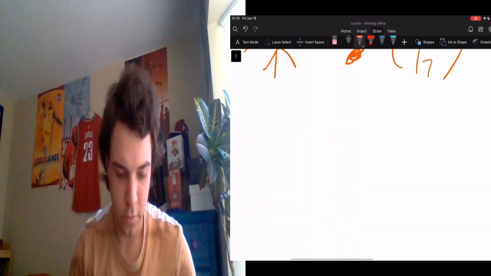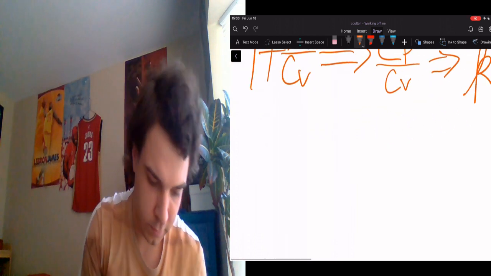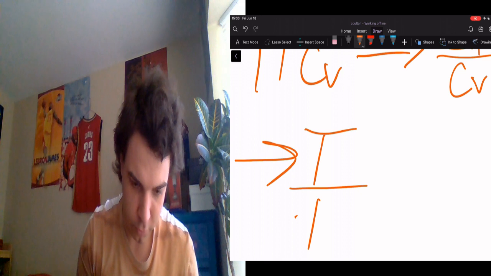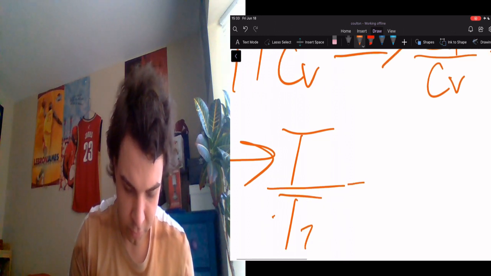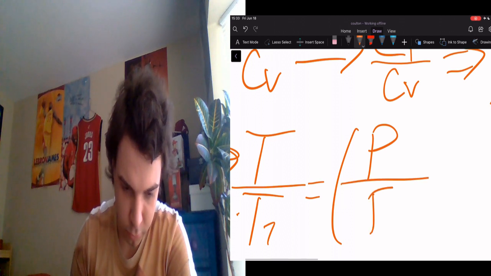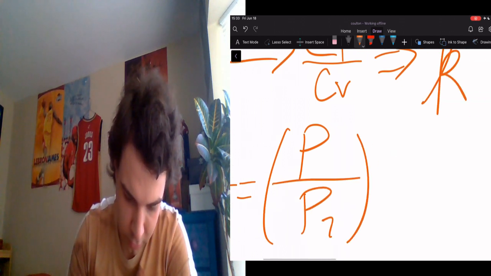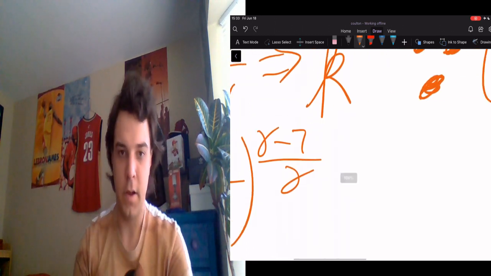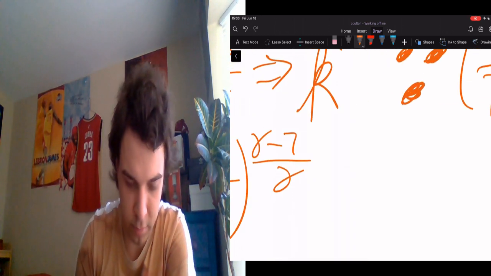And then come down here and we have T over T1 equals pressure over pressure 1 to the gamma minus 1 over gamma, by rearranging with simple algebra.